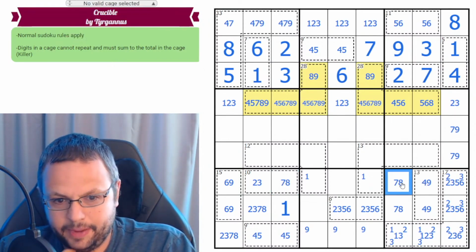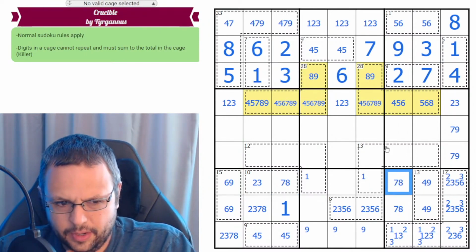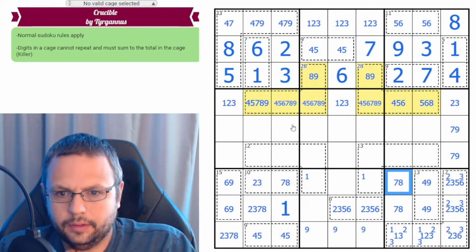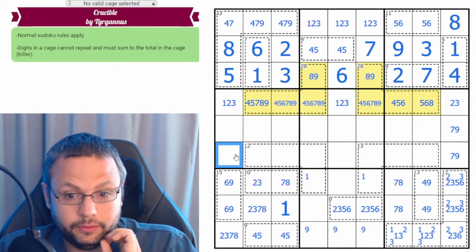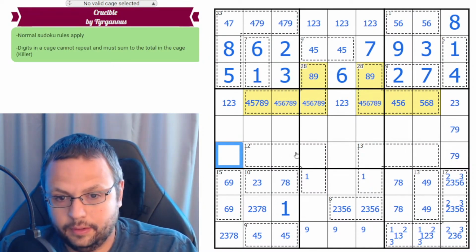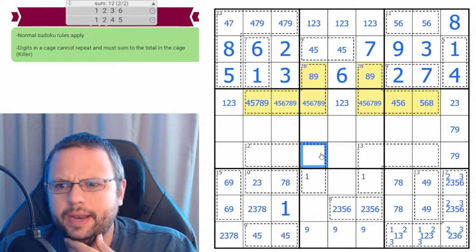I've got a 7-8 pair in this row. So 8 and 9 are not here. But I can put an 8 and a 13. Oh, wait, no, I can't put an 8.